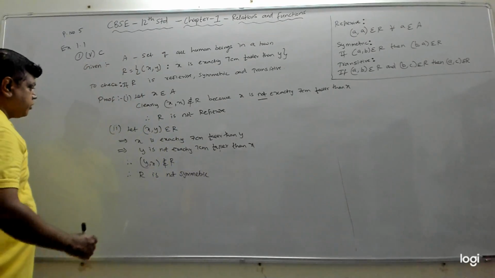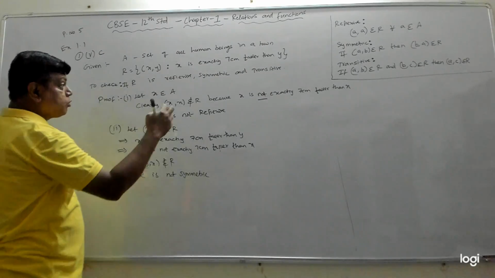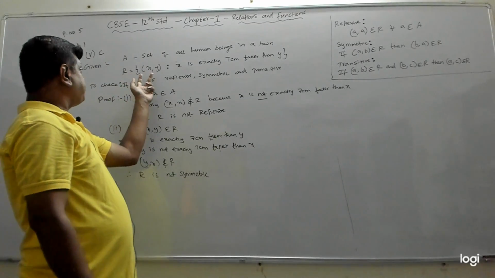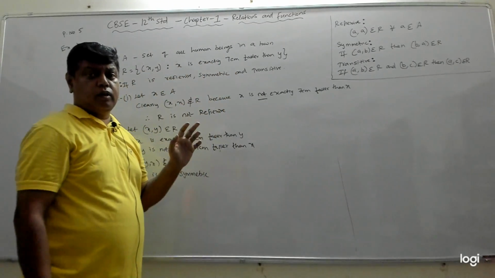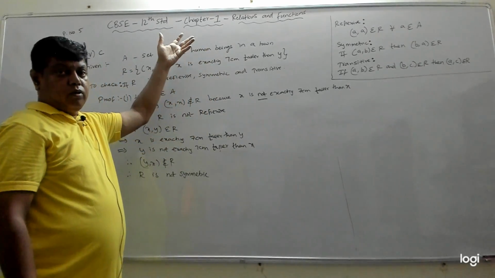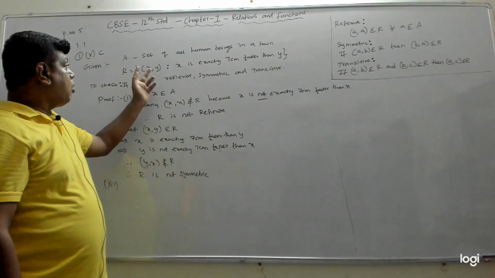Fine. Now the third one, for transitivity. For transitivity, we'll take two elements and we'll see whether the third element belongs to R. See, here R is defined in such a way that we can't list all the elements of R, because there are many human beings in that set.